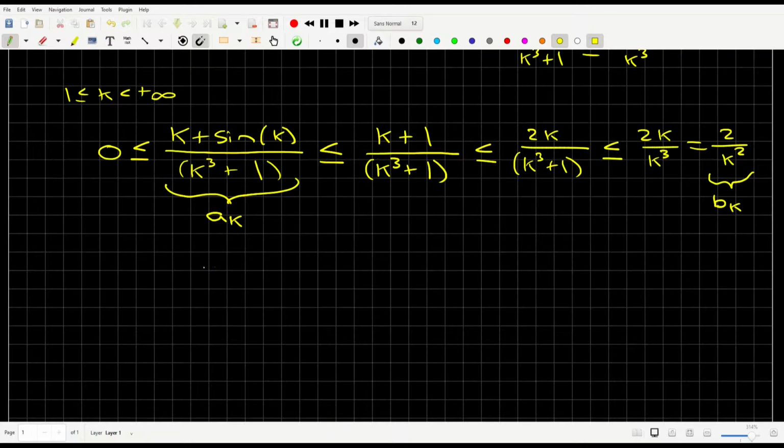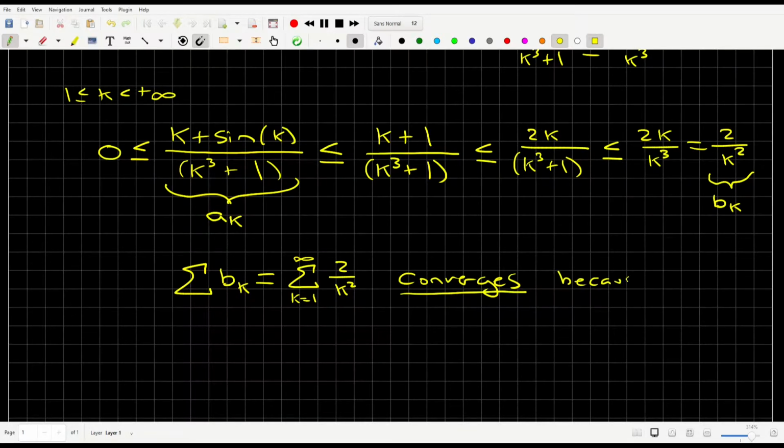And we then have that the sum of the bk's, or the sum of 2 over k squared from k equals 1 to infinity, converges because it is a p-series with p greater than 1.